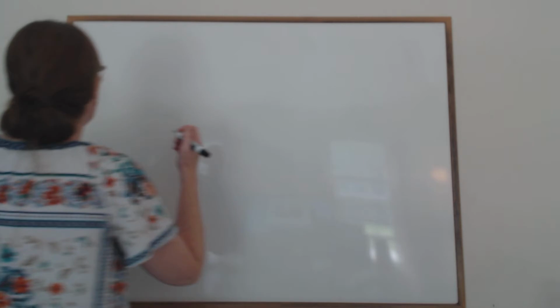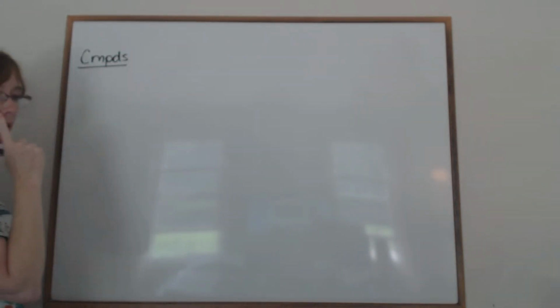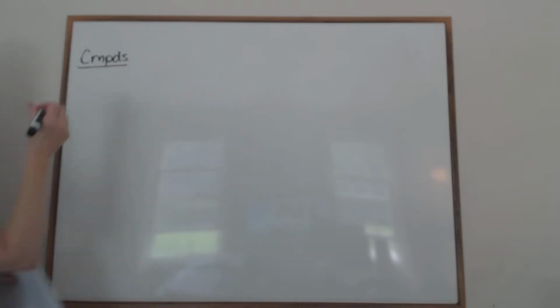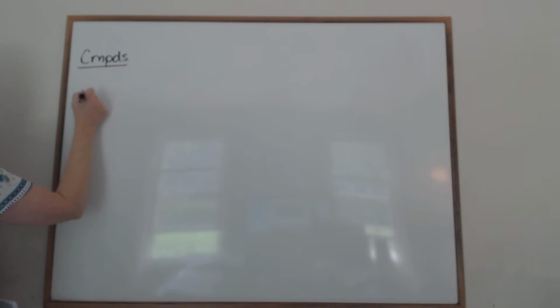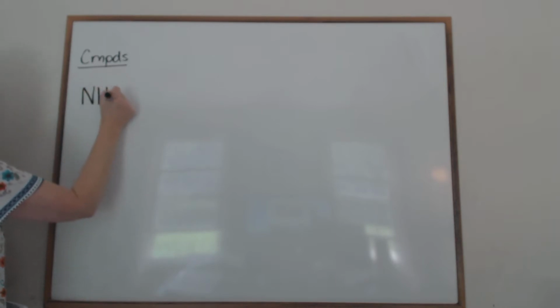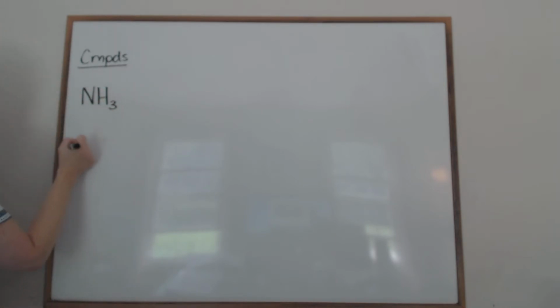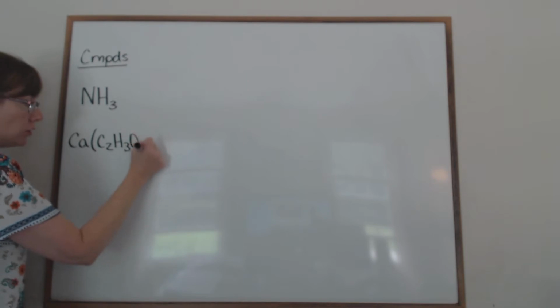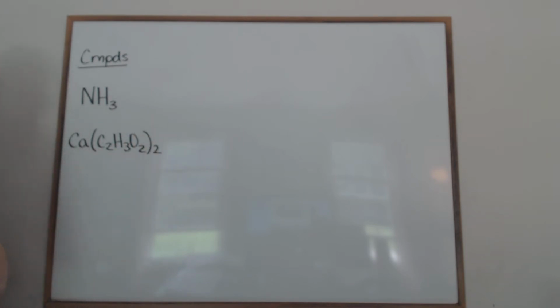Let me put up 4 compounds, a bunch of different types, and I'll teach this little by little. Let me have NH3. Let me do Ca(C2H3O2)2.